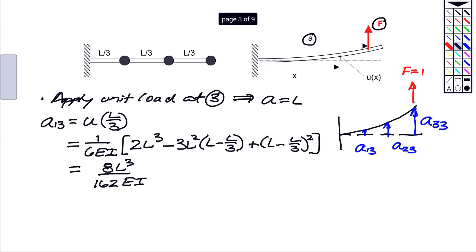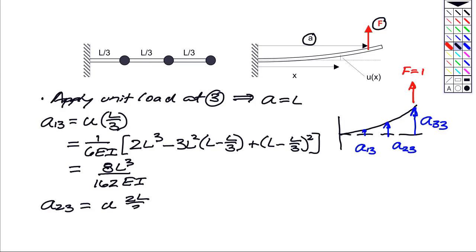Keeping the load at the same location at 3, we're going to now calculate A23, which is the deflection at 2L over 3.